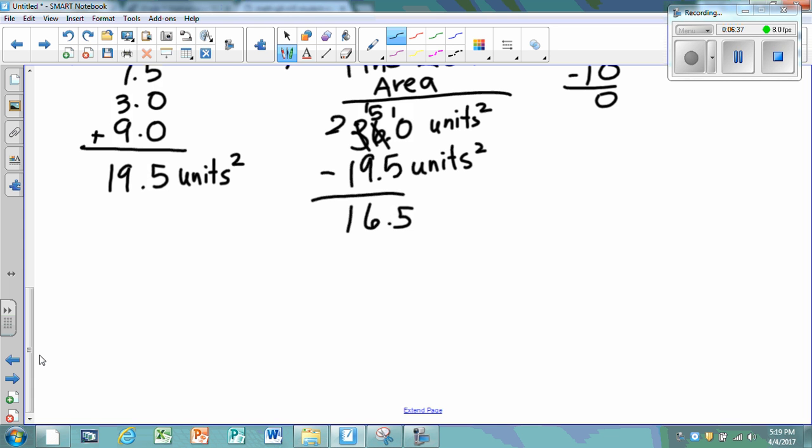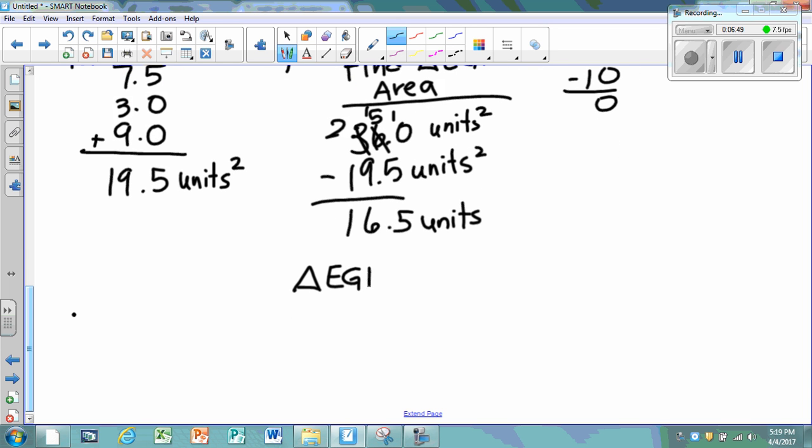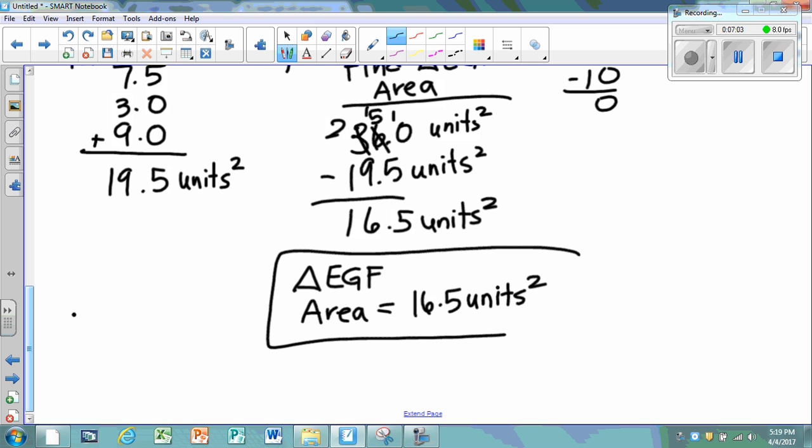So I've got my final answer for the area of triangle EGF equals 16.5 or 16 and 5/10 units squared. Okay? And then I would put a box. That's how you do it.